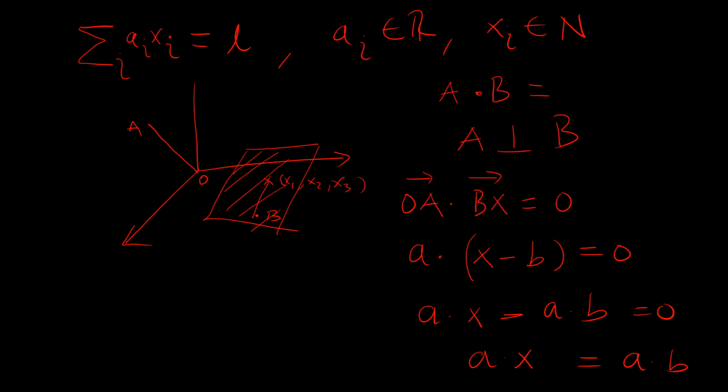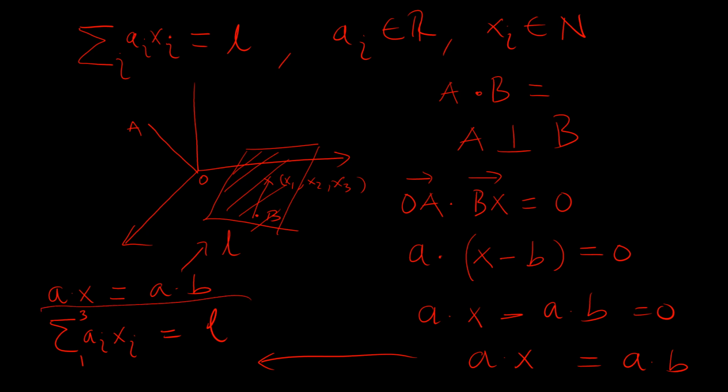Just to continue here, if a·x is equal to a·b, and these are constants, this is a scalar product of known points or known vectors, then this is the same as the sum of a_i x_i, where i is from 1 to 3, equal to L. And this here is the equation of a plane that we saw previously.